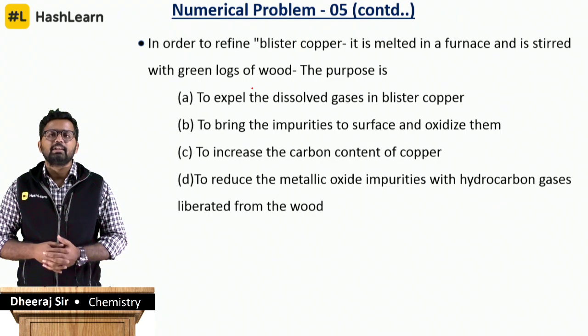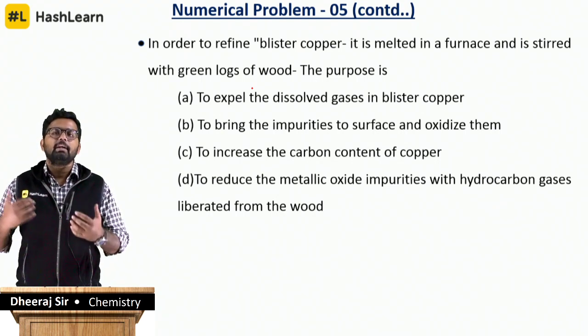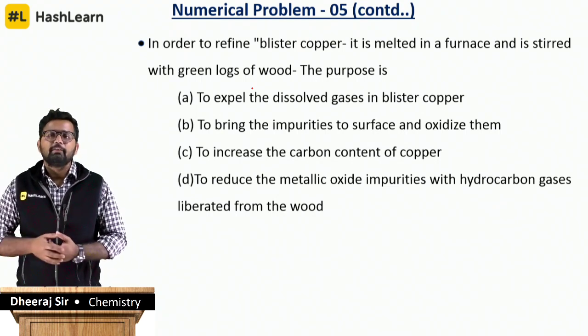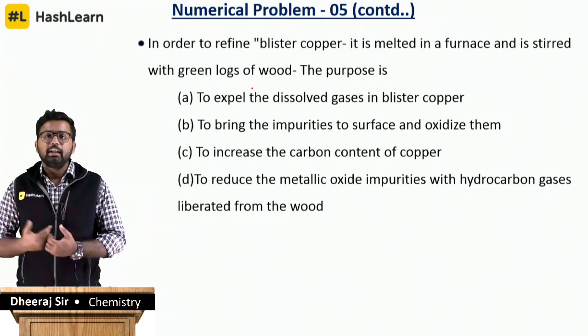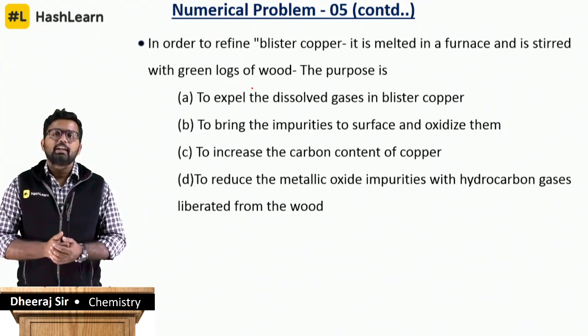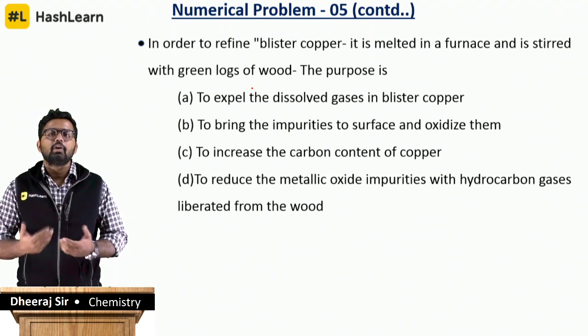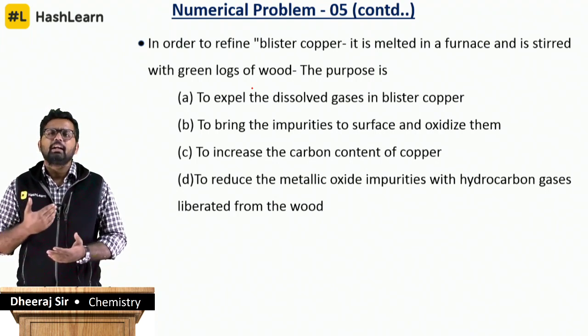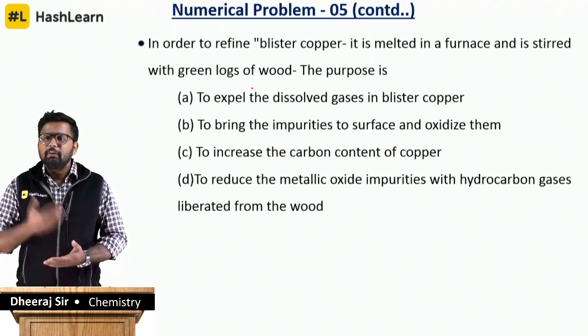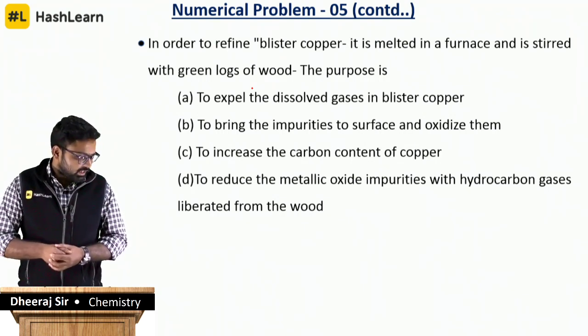These reducing agents help us convert some of the impurities present into the reduced form. That way the metal also gets reduced, and the impurities get reduced, and based on their solubility and vaporization capacity, they can be separated.